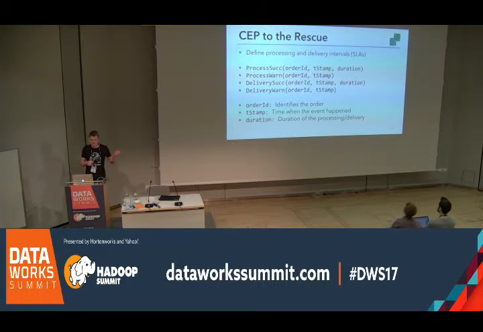There we have a delivery success and a delivery failure message. All messages, again, have an order ID to identify to which order they apply, a timestamp when they occurred, and in case of a success message, how long it took to go from one stage to another.